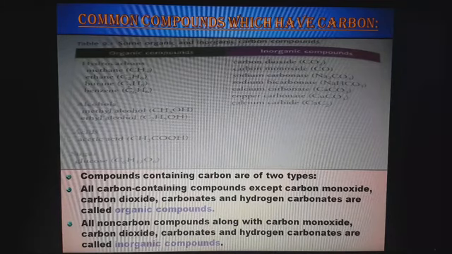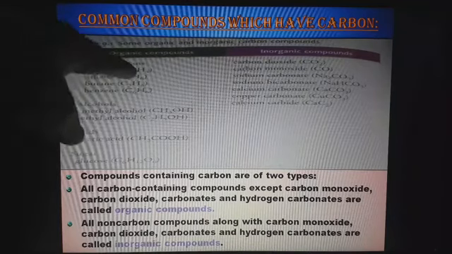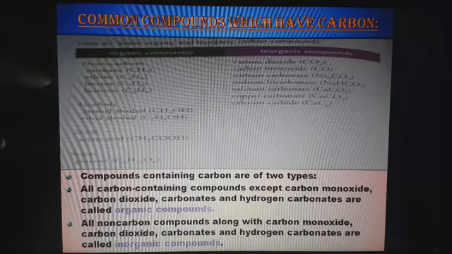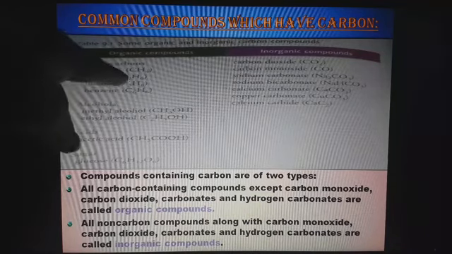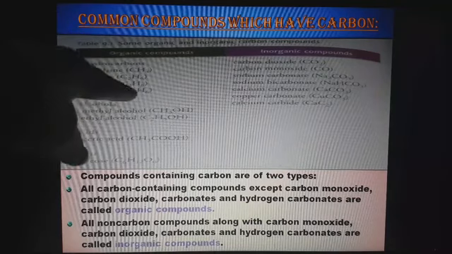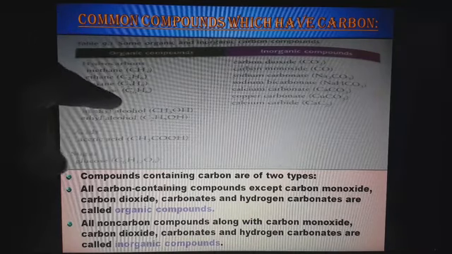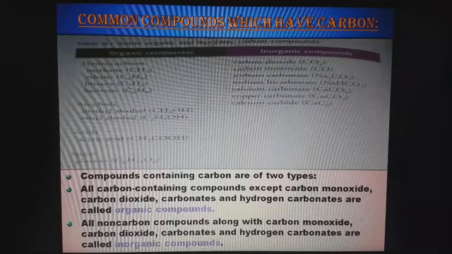Let's see some examples of the organic compounds. As you can see here, hydrocarbons such as methane, ethane, butane, benzene. You can see CH4, then C2H6, C3H8 and then C6H6.